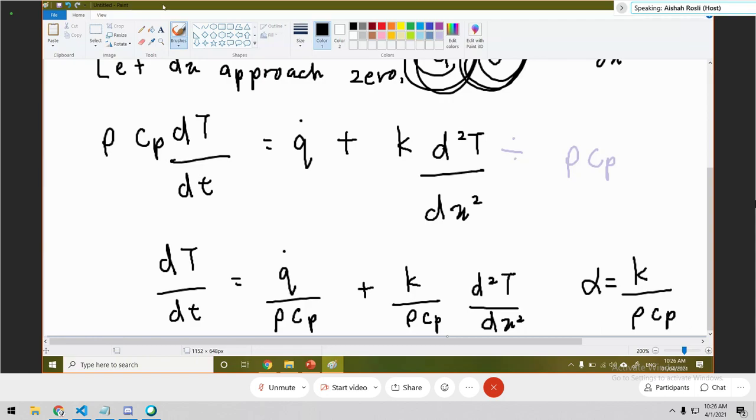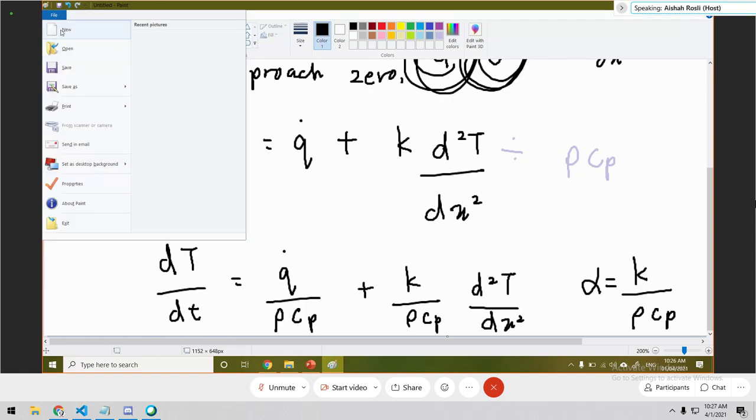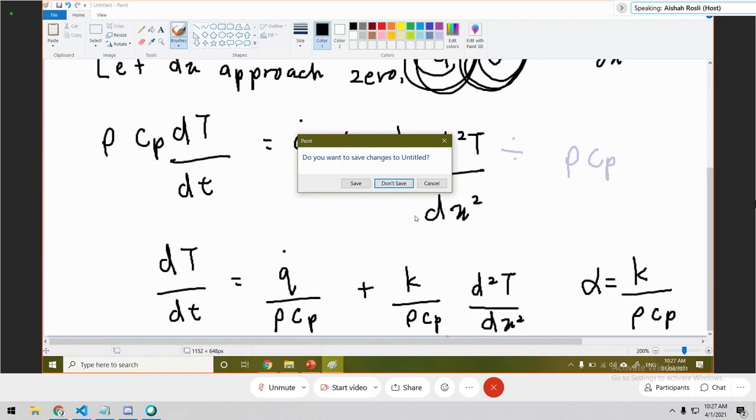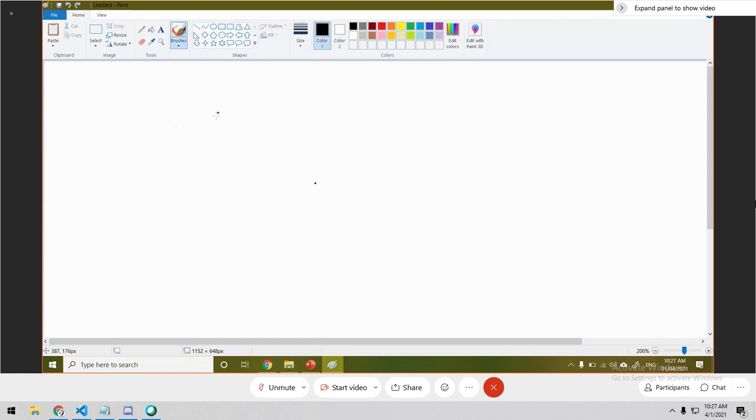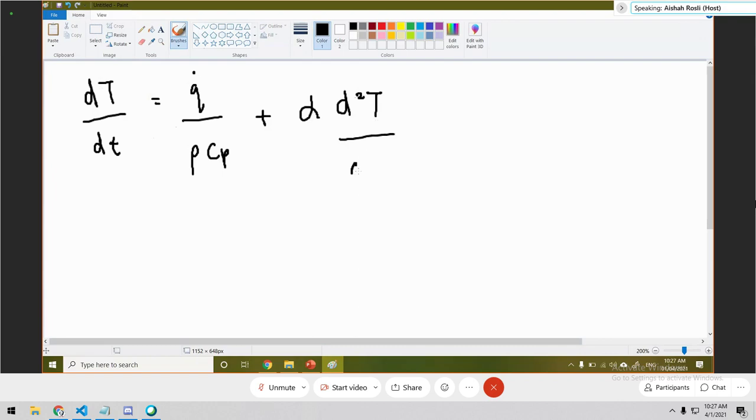So we can change this into dT over dt equals q over rho Cp plus alpha d squared T over dx squared, because alpha is equal to k divided by rho Cp.